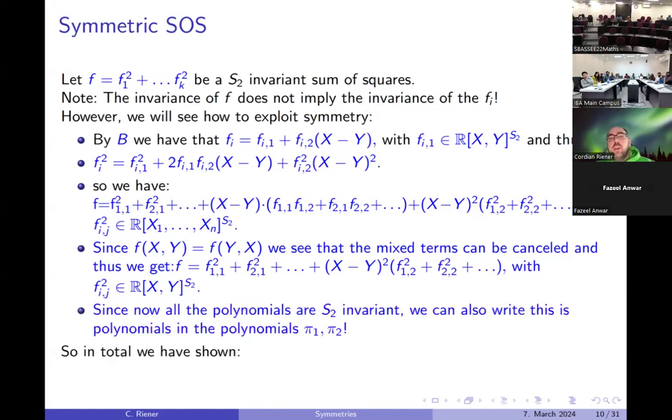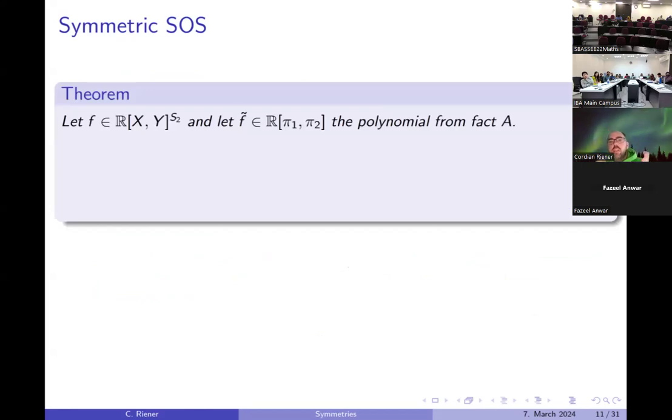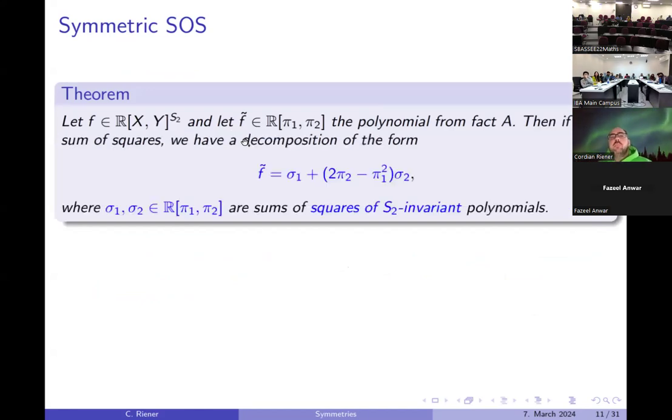So let me just see now. I have invariant polynomials standing here, and I can now rewrite these polynomials in this P1 and P2. So if I look at my polynomial f, we have already seen that I have this uniquely determined polynomial f twiddle. Now I want to use all of this to say something about my f twiddle. Namely, I know that my f twiddle will be of the following form.